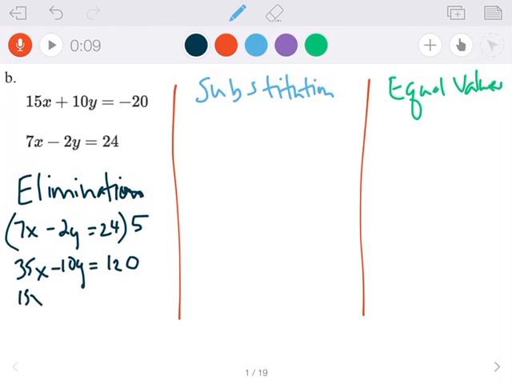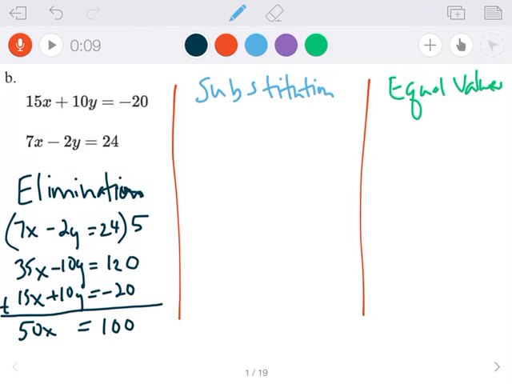So 15x plus 10y equals -20. And then if I add these 2 equations together, a -10 and a +10, the y's cancel out. And so I'm left with 0y, but I can add 35x and 15x to get 50x. And 120 and -20 to get 100.